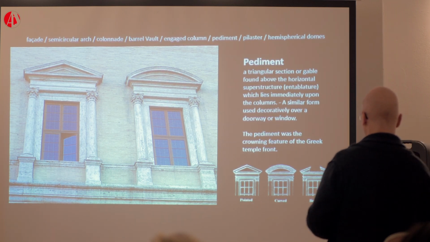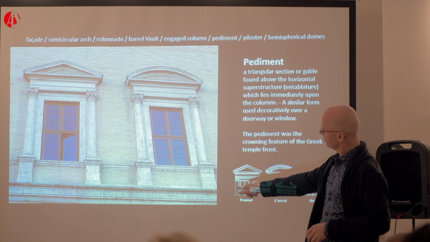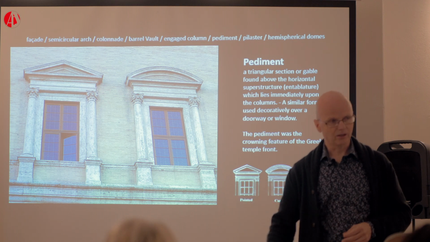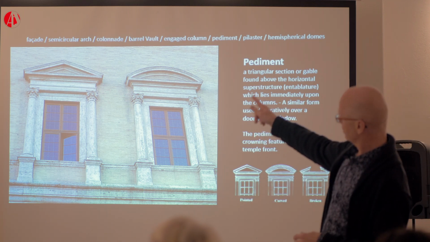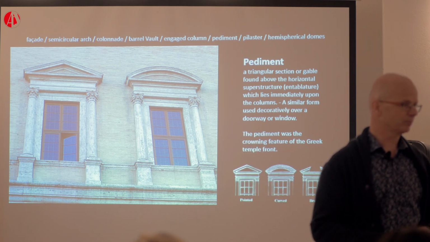And here as well, the pediment, that you have different ones. You have the pointed, the curved, and the broken. If you walk the streets of Florence, you will see this a lot. It's a small reflection of a temple. So that's the purpose of it.